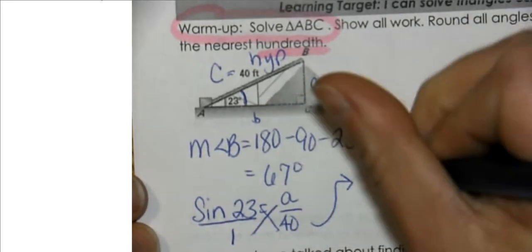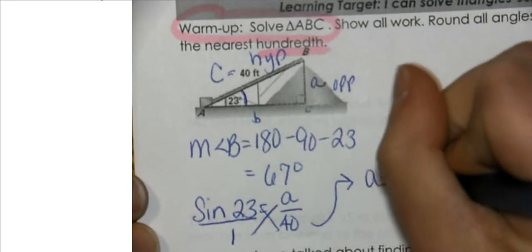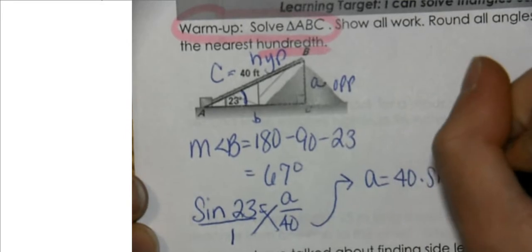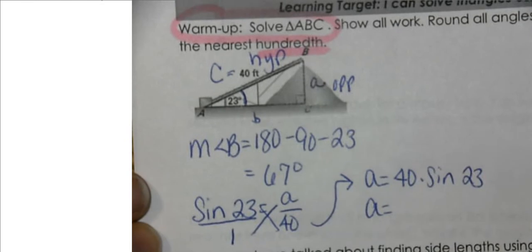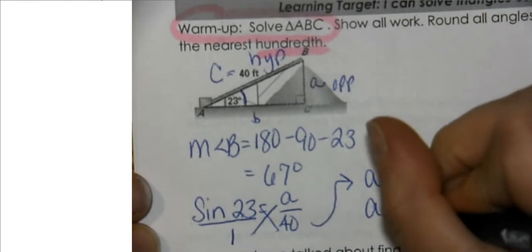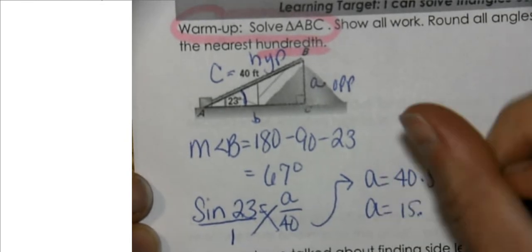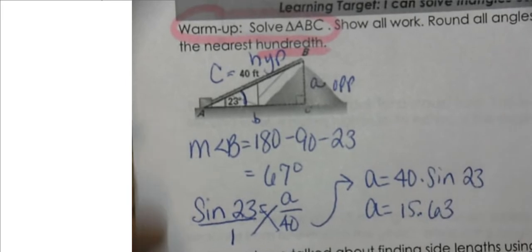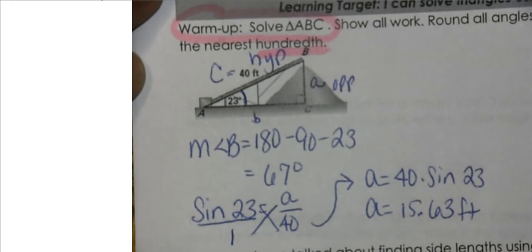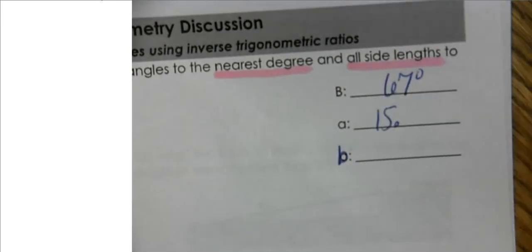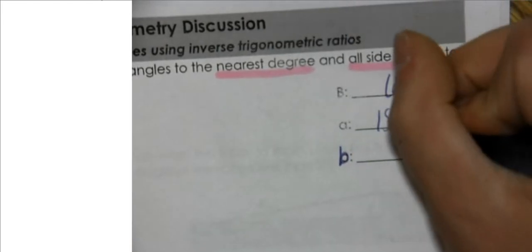By doing that, we end up with a is equal to 40 times the sine of 23. And 40 times the sine of 23, if we put that into our calculator, is 15.63. And in this problem, because we're dealing with feet, our units would be FT, feet. If we did not have units, we would simply write UN to represent units. So 15.63 feet.